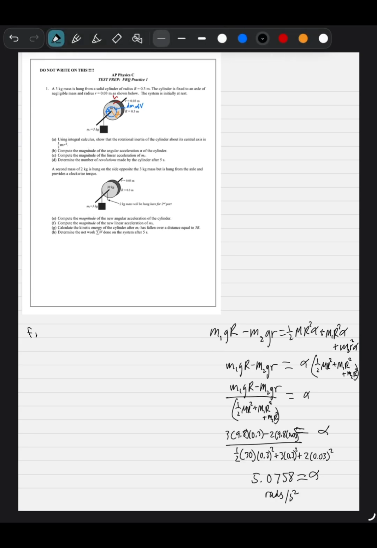For F, what's the linear acceleration of m1? So A1 is equal to big R alpha. Big R is 0.3 and alpha is 5.0758. That'll be 1.5227 meters per second squared.